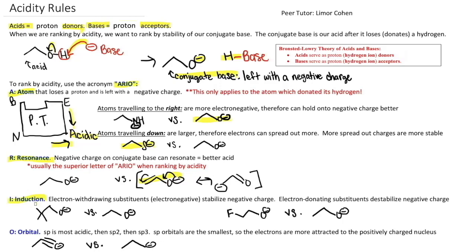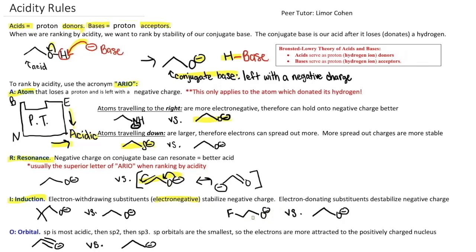This is not referring to our atom, which gains a negative charge after it loses a hydrogen. This is referring to other atoms on our molecule. So if we have electronegative substituents on our molecule, these actually stabilize our negative charge because electronegative atoms like electrons, so they pull away electrons from our negative charge, making it less concentrated and more stable.